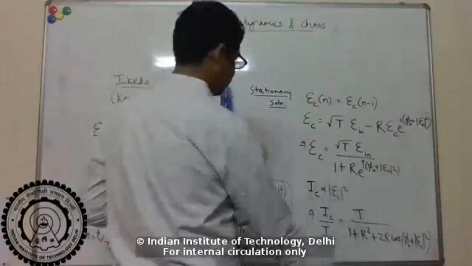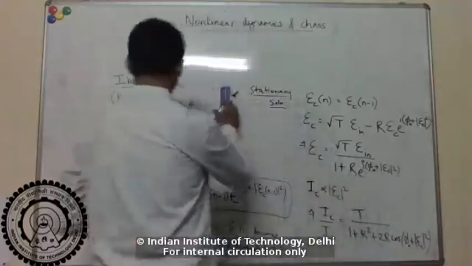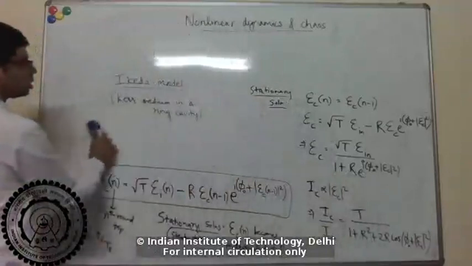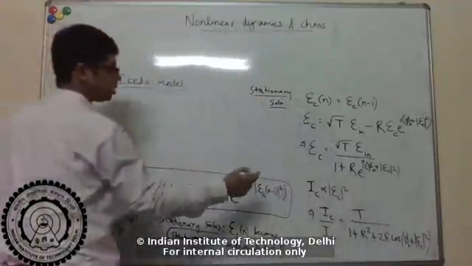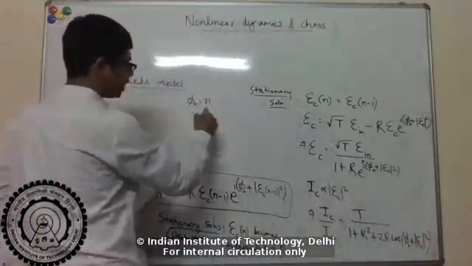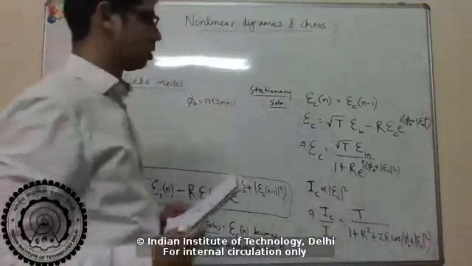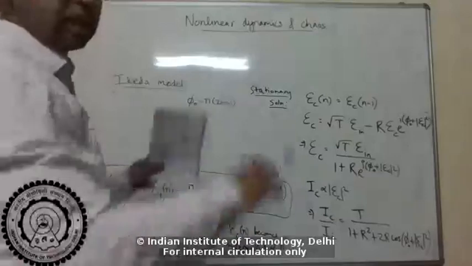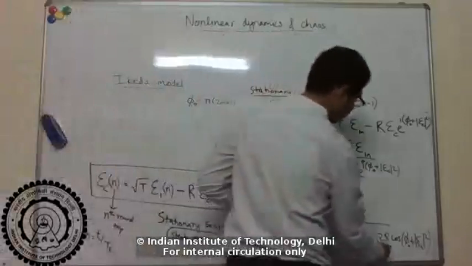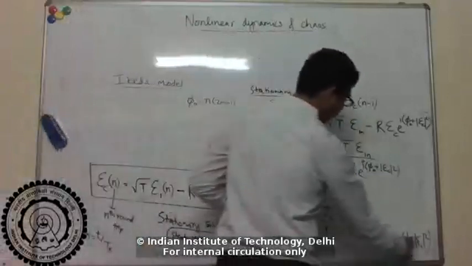In particular, for example, if the round trip phase phi naught, this is the linear round trip phase, is pi, or some odd multiple of pi, let's say I've set up the cavity length such that, you can see then this term becomes pi plus something.